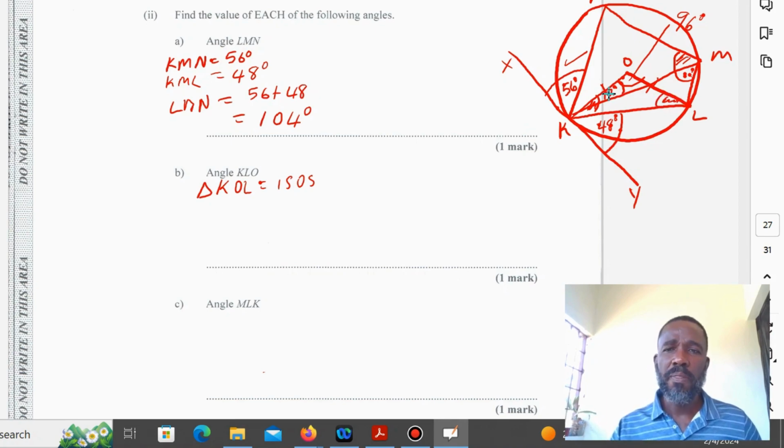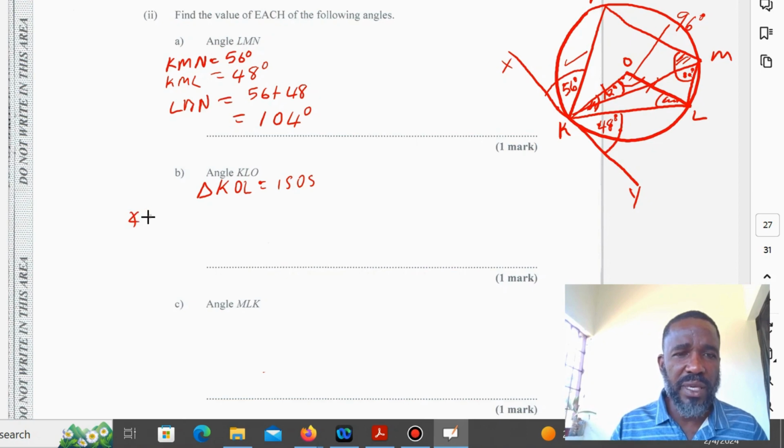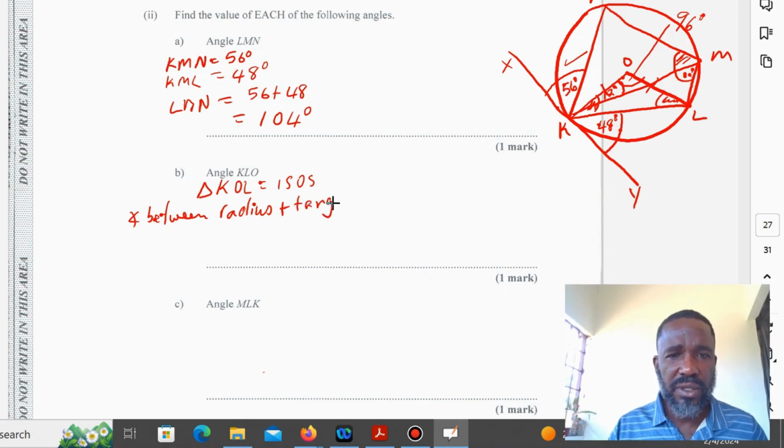So now remember, the angle between a radius and a tangent is equal to 90 degrees.